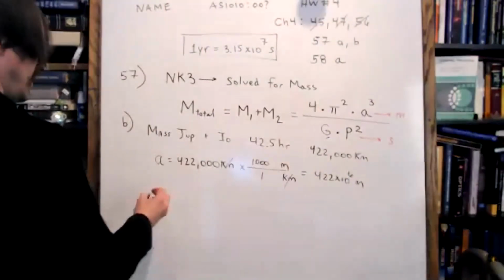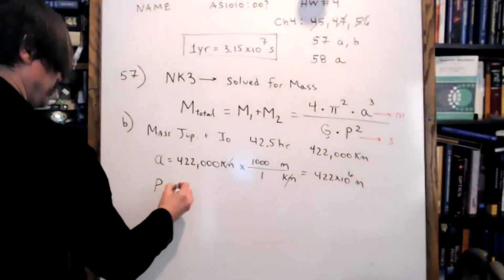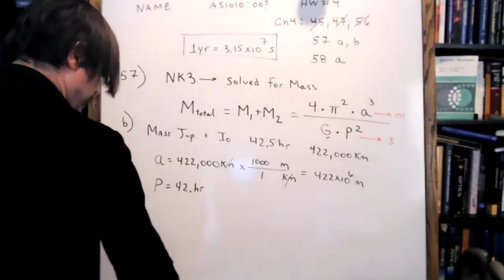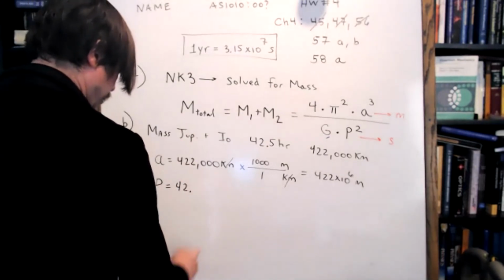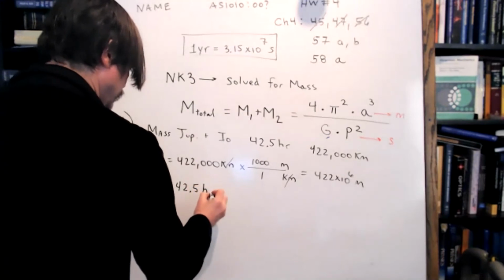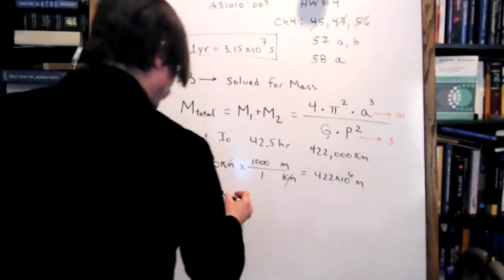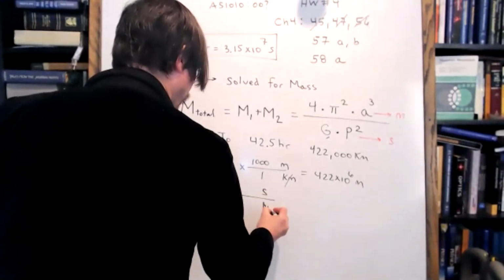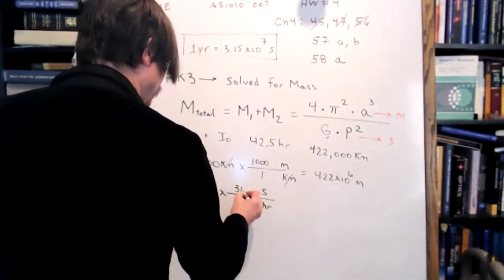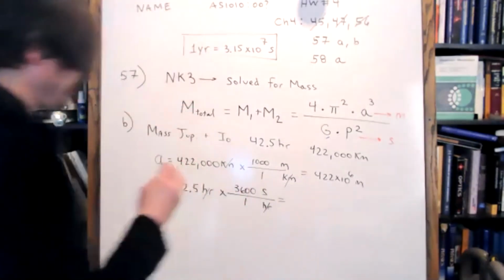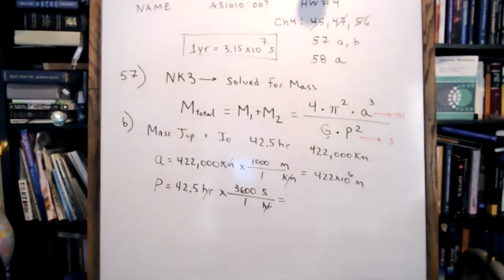All right. Period. 42.5 hours. Nori was all hot to trot on the number of seconds in an hour, so we'll take advice from her. 3,600 seconds per hour. 3 sig figs, what's that?